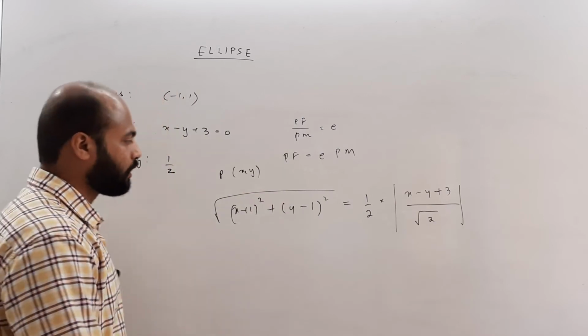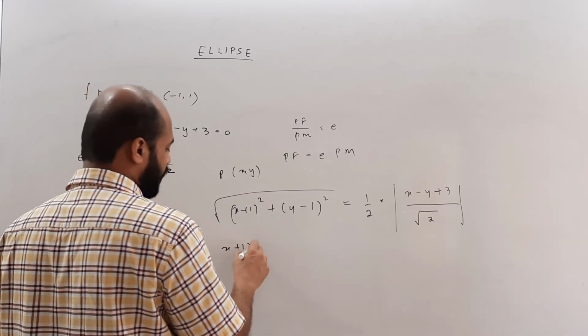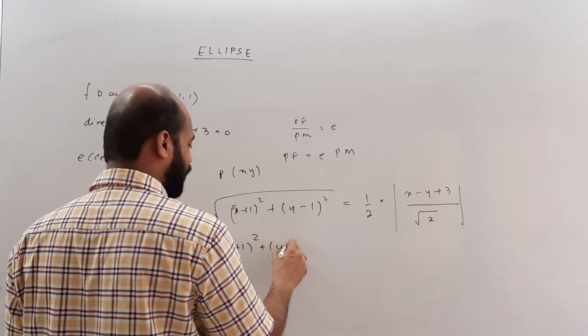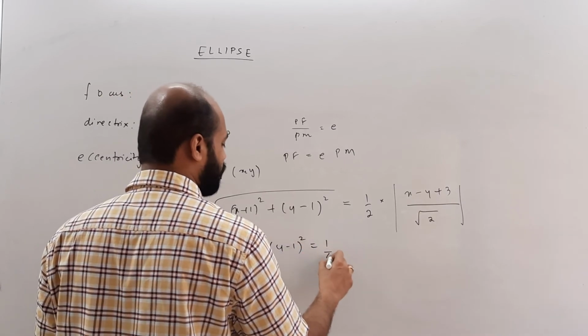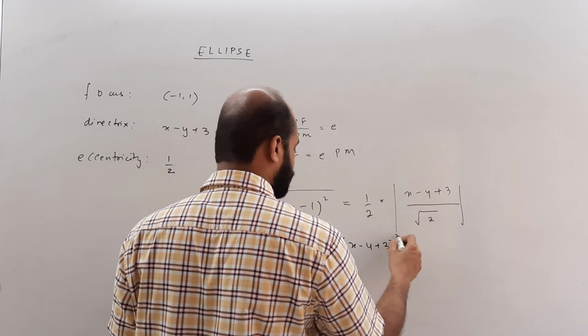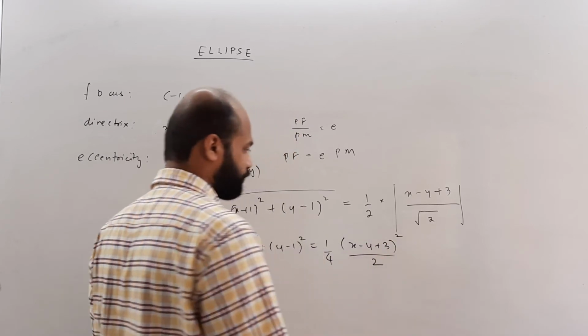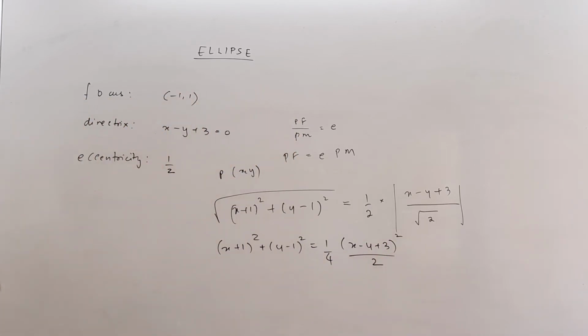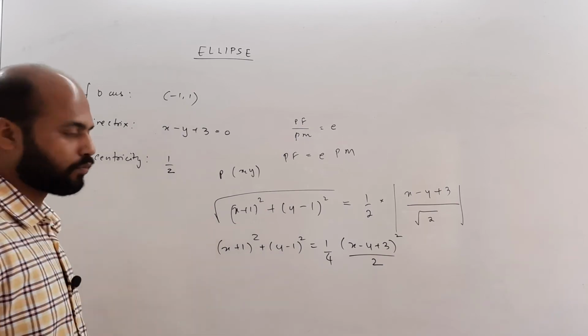So when we square it up, it's going to be x plus 1 the whole square plus y minus 1 the whole square is equal to 1 by 4 into x minus y plus 3 the whole square by 2. Now let us get this multiplied on both the sides.